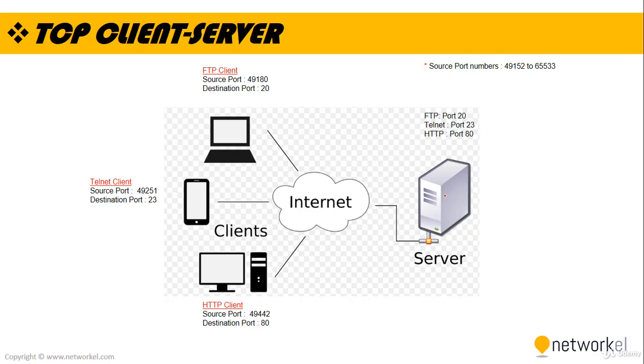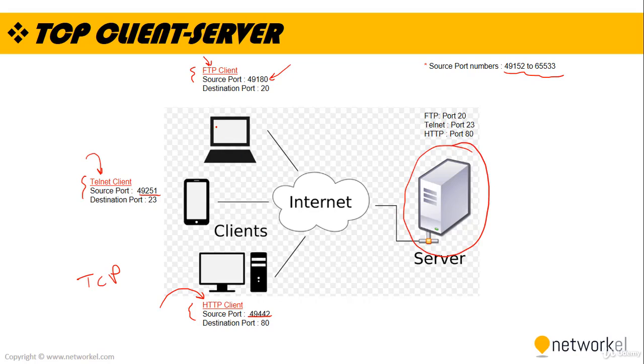So here, as you see, we have some protocols that are using the TCP protocol, and they are FTP, file transfer protocol, telnet, and HTTP. This is the protocol we use when we are surfing on the web, as you know. So these clients are using some port numbers in this range, as you can see, and they're interacting with the server to get the services from them.